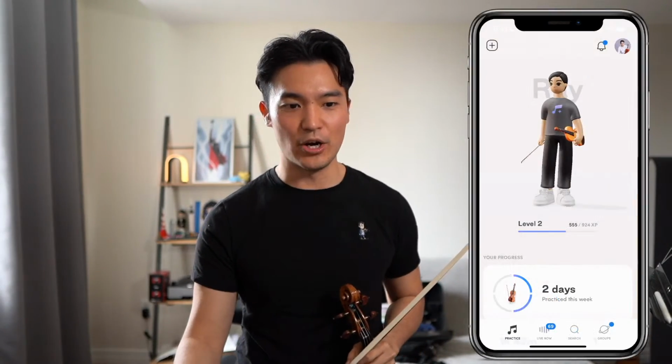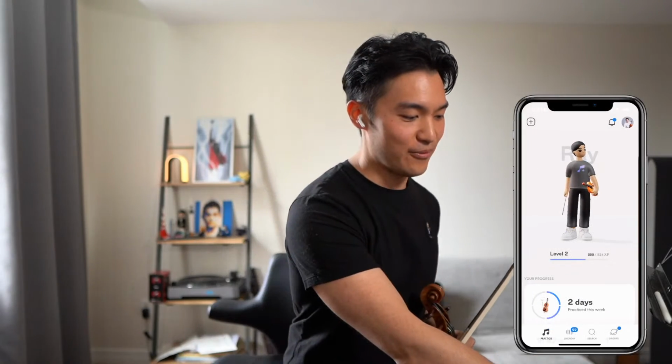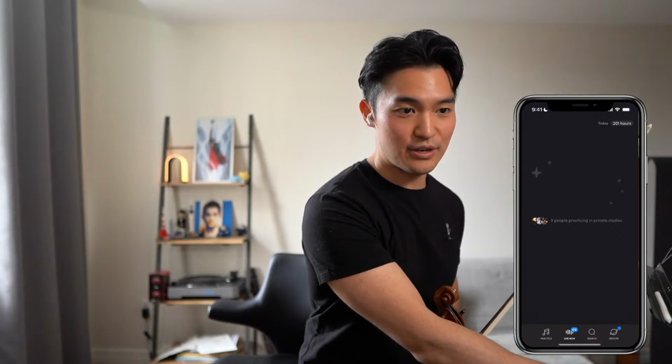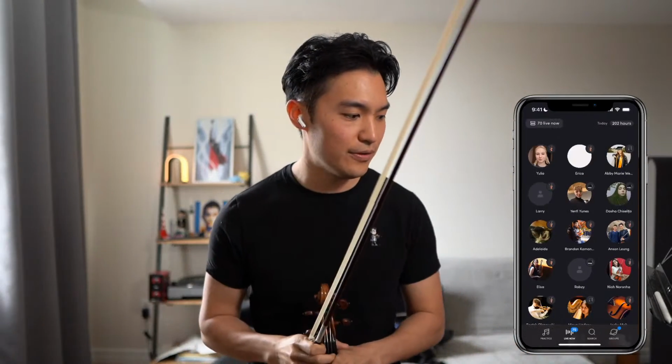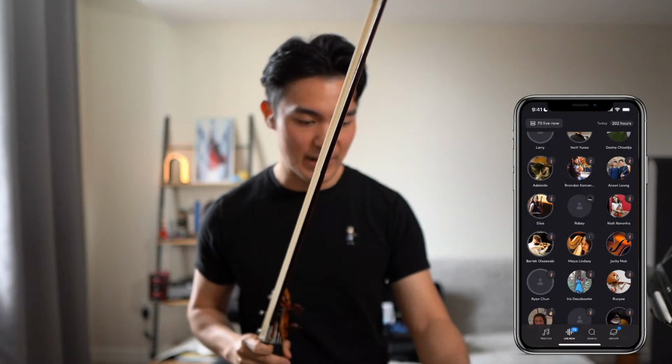All right, so we are getting around to, look at this, look how high level I've become. I could even make this a little bit bigger. So anyway, we're going to start with, I think there's a bunch of studios here. There are so many people practicing right now.